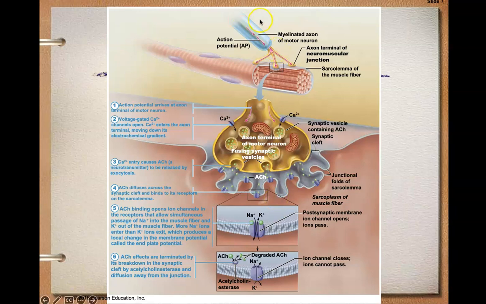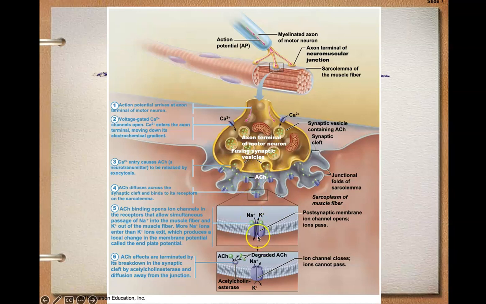Okay, so just to review one more time: an action potential comes down the neuron, hits this synaptic bulb, and signals the release of acetylcholine from these synaptic vesicles. Acetylcholine travels across the synaptic cleft and binds to the acetylcholine receptors on the surface of this motor end plate, causing these sodium-gated ion channels to open up.